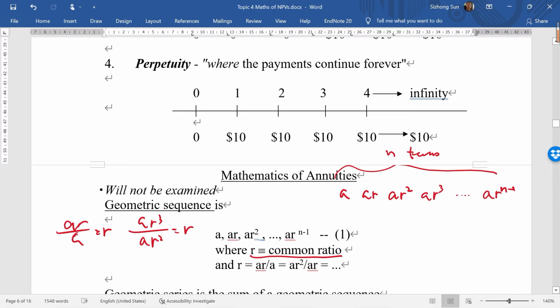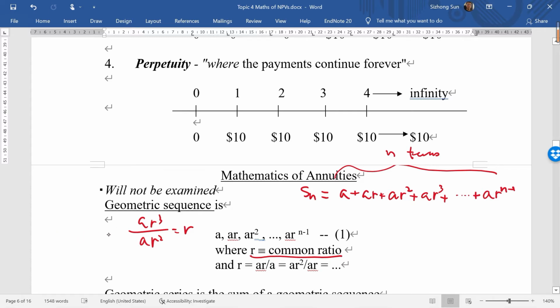Alright, so what we want to do is sum up these n terms, and let's call this Sn. Well, if n is small, then it's easy, right? We can manage it term by term.